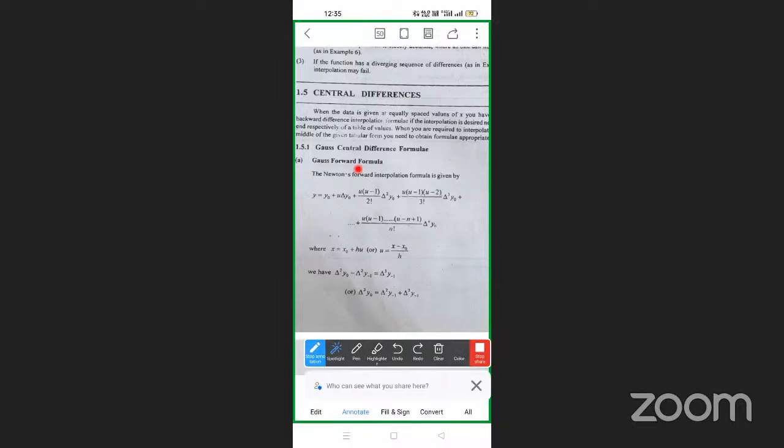Next, central difference formula. First one, Gauss central difference formula.